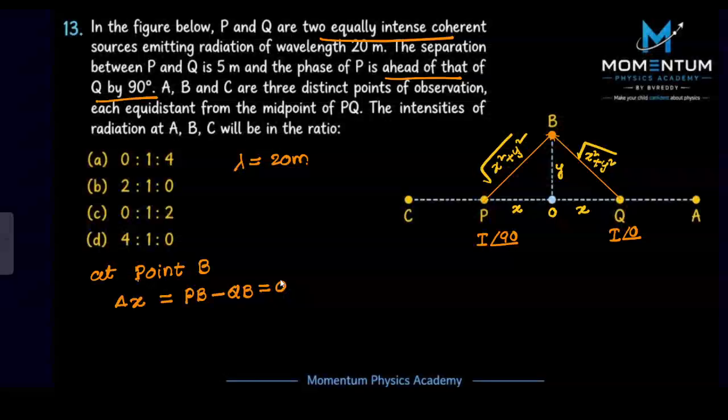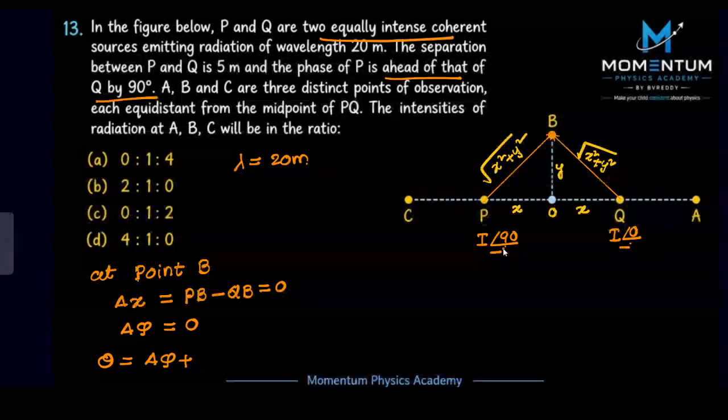Path difference is 0. Since the path difference is 0, the phase difference caused because of the path difference will be equal to 0. And the net phase, if I say theta, will be equal to delta phi plus the initial phase difference between these two, how much? 90 degrees.